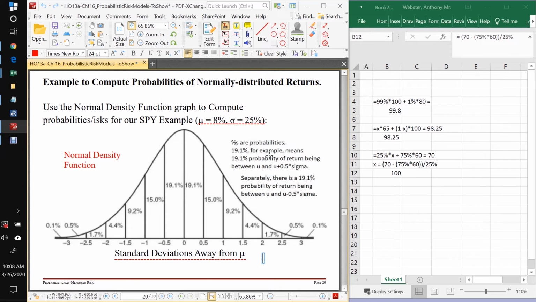So 19.1%, for example, means we have a 19.1% probability of our return being between mu, right here in the middle, and mu plus 0.5 times sigma. Separately, there's also a 19.1% probability of our return being between mu and mu minus 1/2 sigma. So we have two of these 19.1%. One is a 19.1% probability of being between 8% and half of 25% plus 8%, and the same thing, corollary, on the downside.